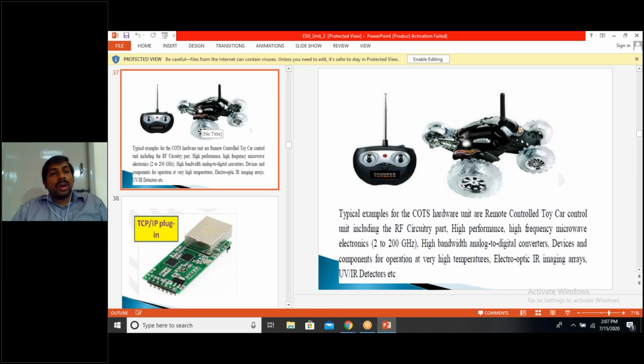So the example is an electronic toy. This electronic toy consists of a COTS hardware unit called the remote controlled toy car control unit. So what is this control unit? It has RF circuitry, high performance, high frequency microwave electronics, high bandwidth analog to digital converters, devices and components to operate at high temperatures, optic infrared imaging arrays, UV and IR detectors.